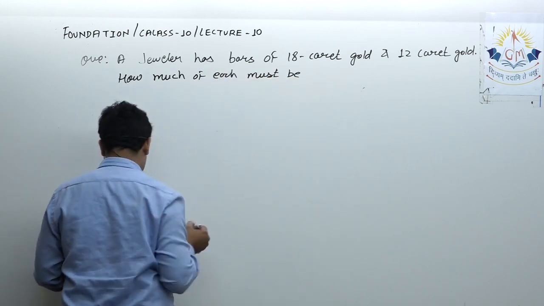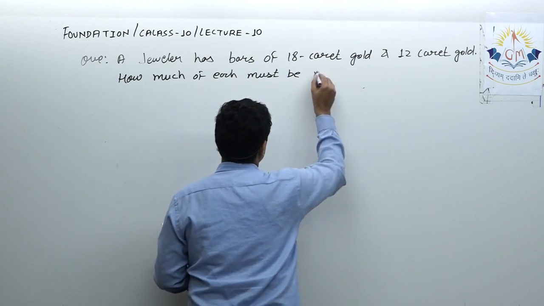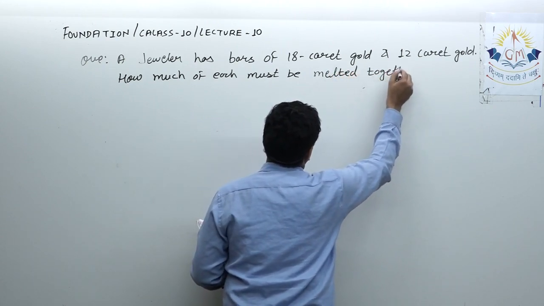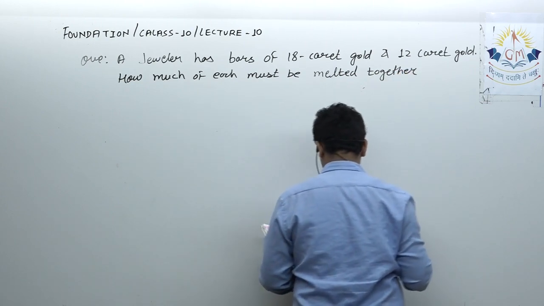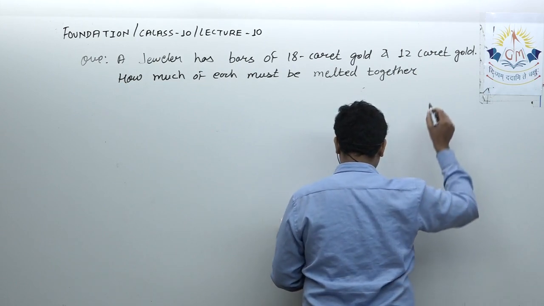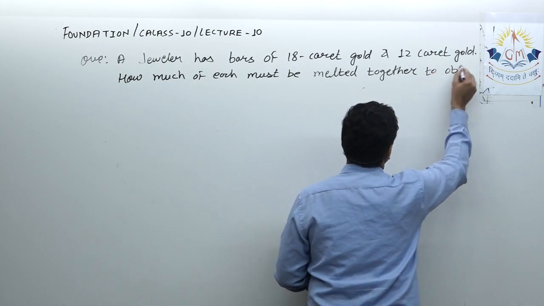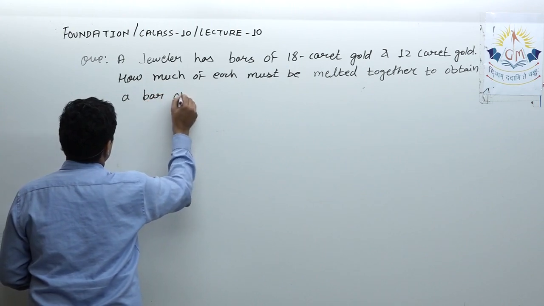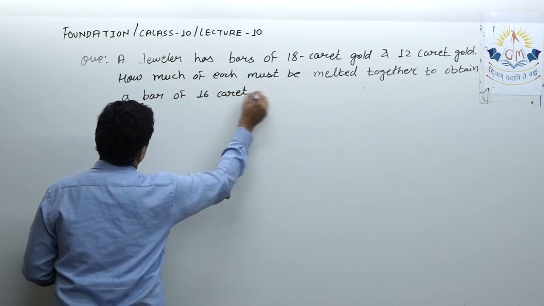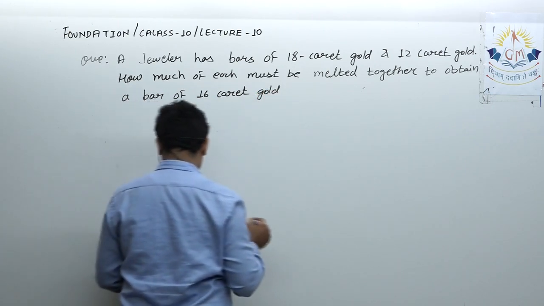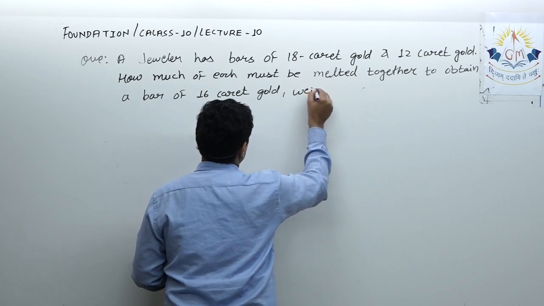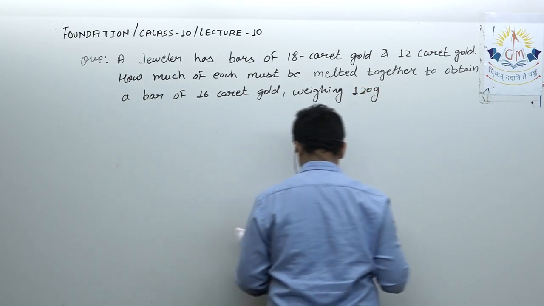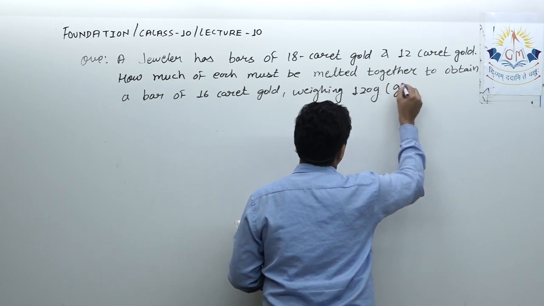melted together to obtain a bar of 16 karat gold weighing 120 grams?